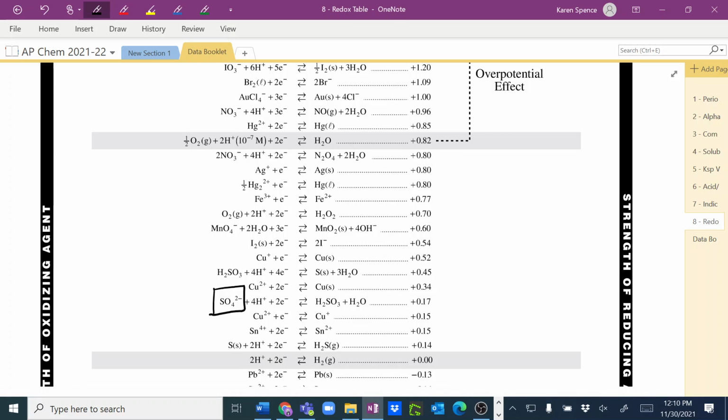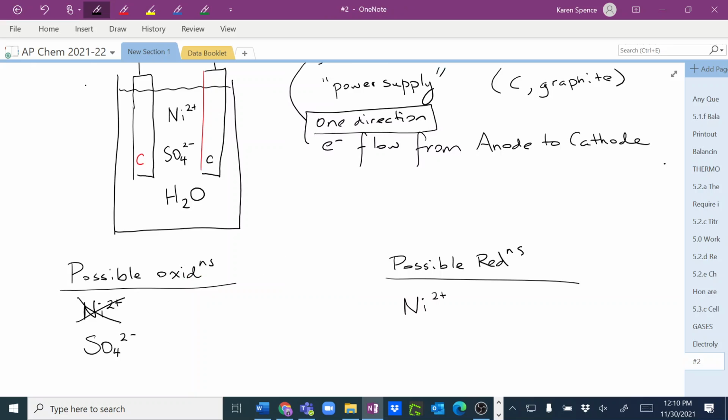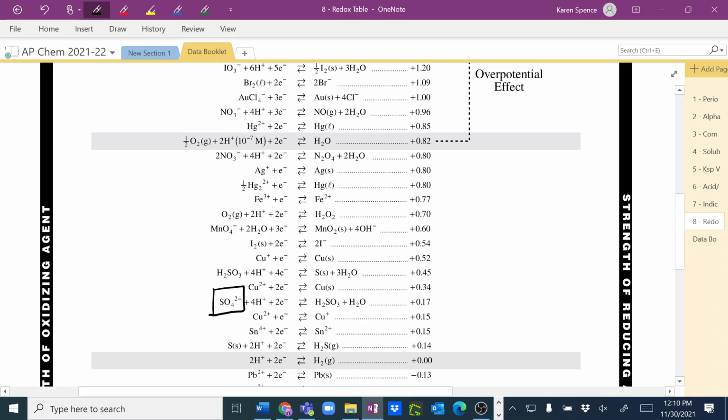What is the other reactant? Hydrogen. Do we have hydrogen, H+, in our beaker to any significant amount? Let's go look. We have nickel, we have sulfate, and we have water. Where is my acid? Is there acid? No. If there is no acid, you cannot use this one. This one requires acid.